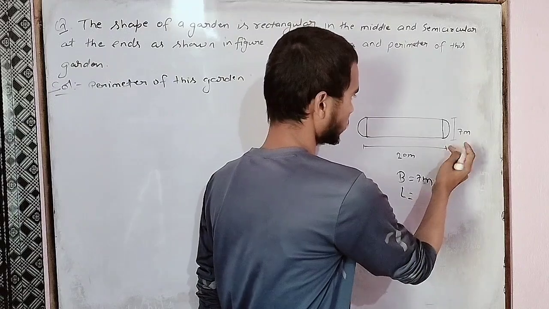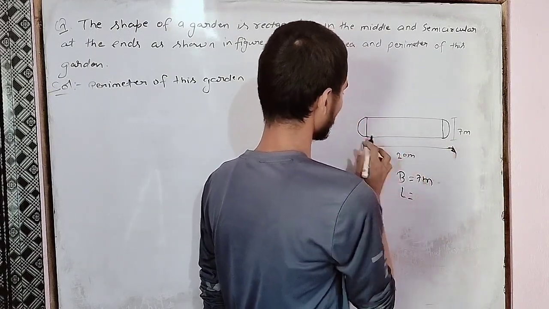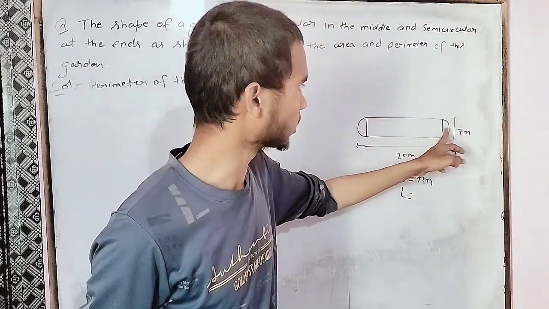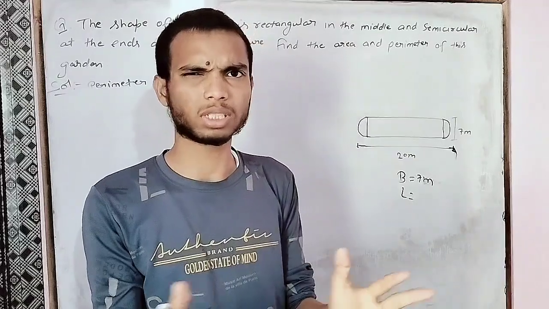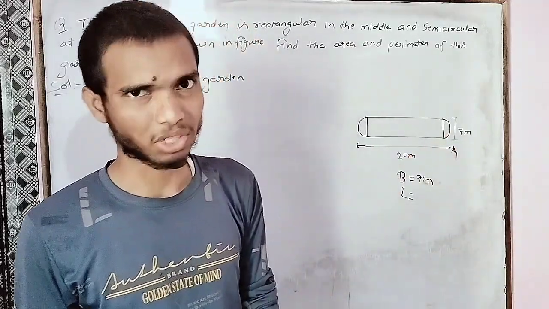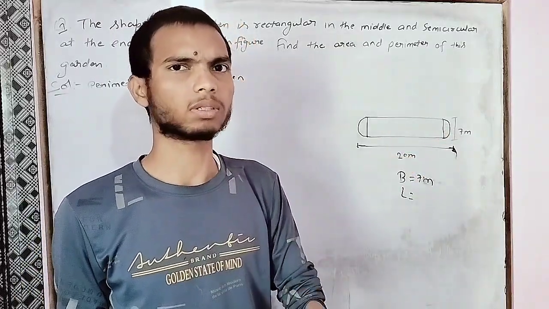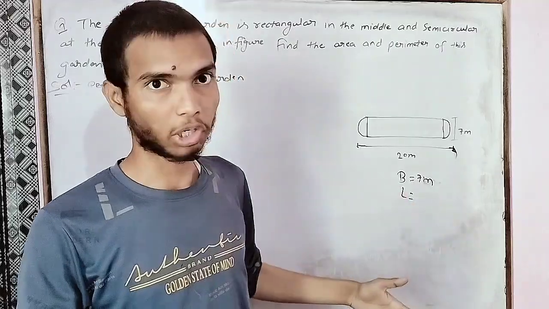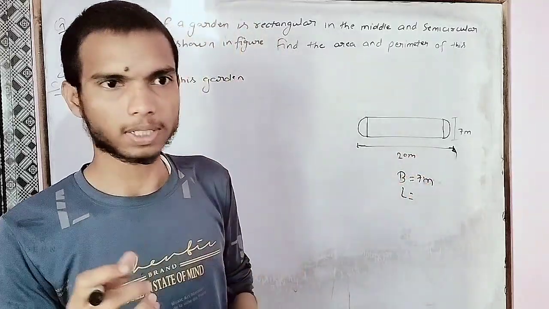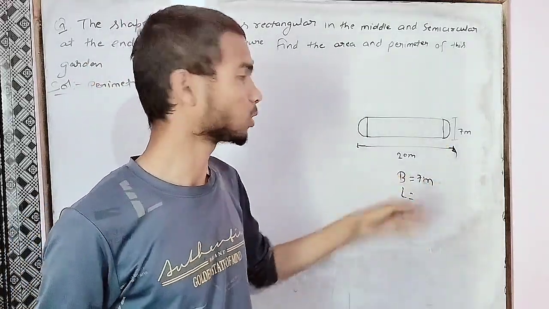So of course, from here till here is how much distance? 3.5, otherwise we can say 7 by 2, which we don't need to take to find out the perimeter of a rectangle. So we will subtract 7 by 2 from 20 meter.